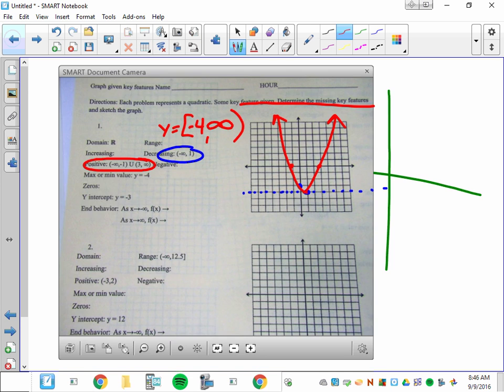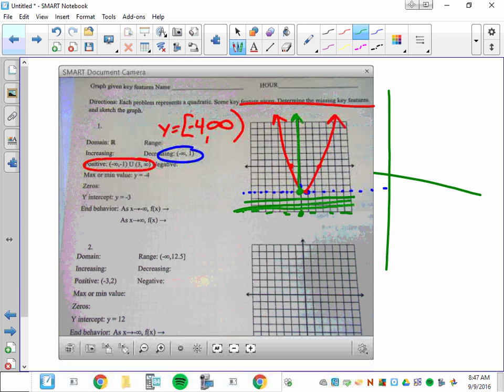Okay, so going back to the graph, if we look at the range, the y values, every y value from here up exists. At y equals negative 10, there's no graph there. There's no point on the graph that's something comma negative 10. There's no graph here, and there's no graph here.